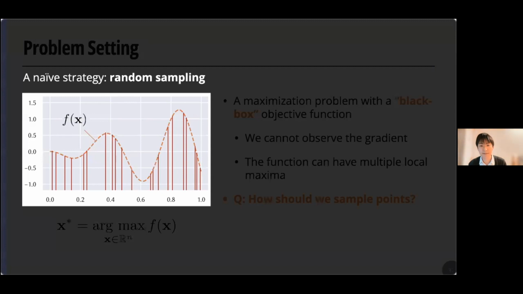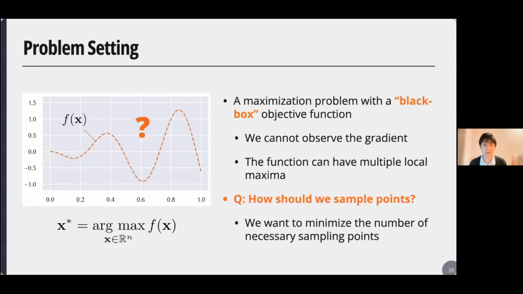One naive strategy is to randomly sample many points and then find the point that provided the largest value. However, when the problem is multi-dimensional, this naive approach is not feasible because the search space becomes too large. So we want to minimize the number of necessary sampling points by some intelligent strategy.